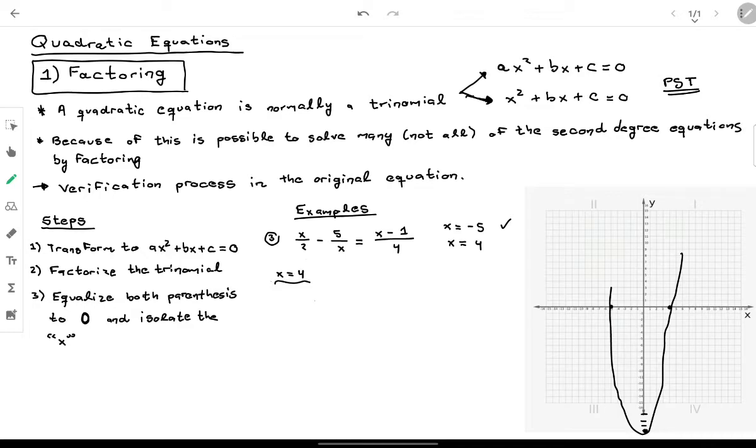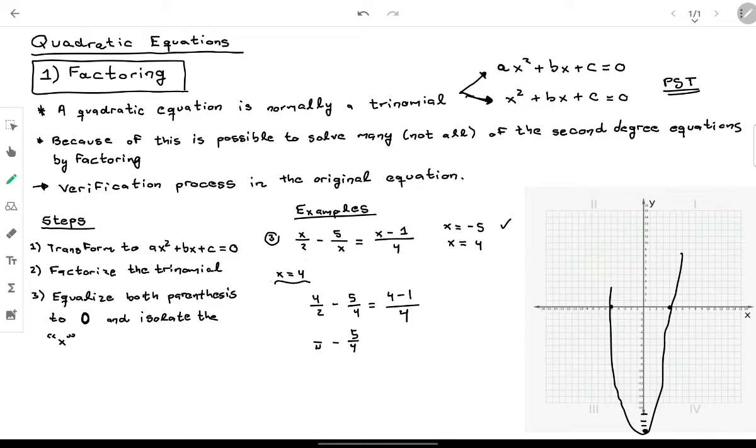When we have the value of 4, we need to again do the verification process on the original equation. So it's going to be 4 over 2 minus 5 over 4 equals 4 minus 1 over 4. We need to change it to fourths. So here it will stay the same.